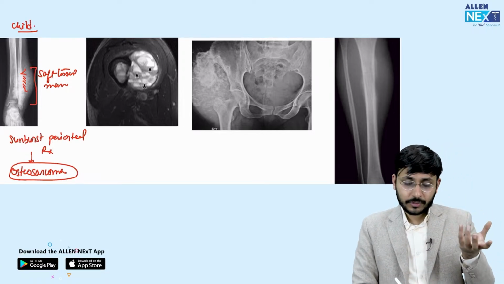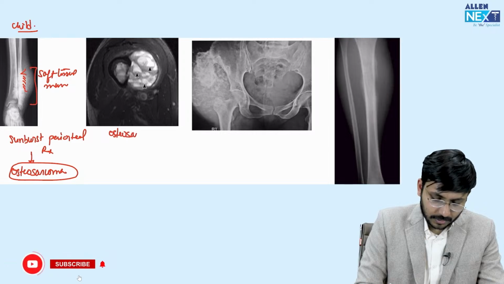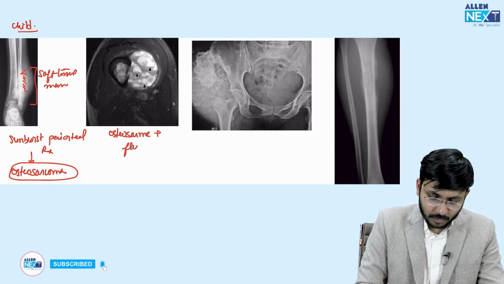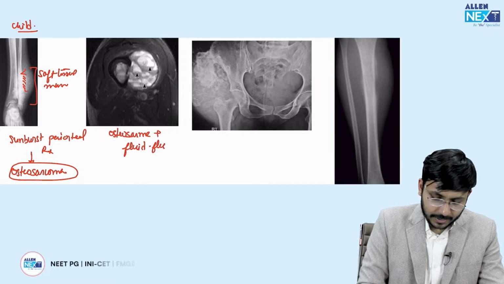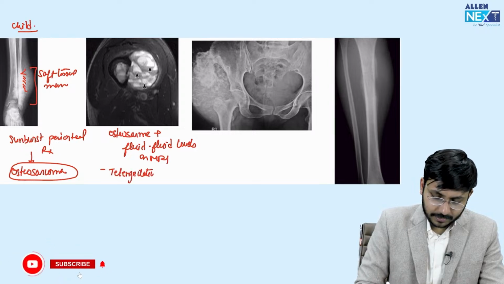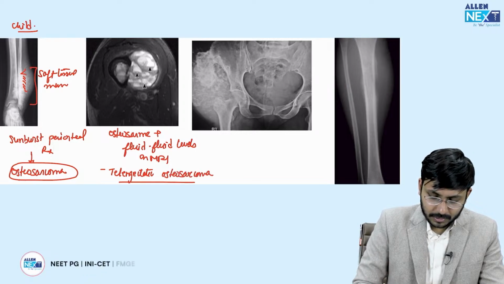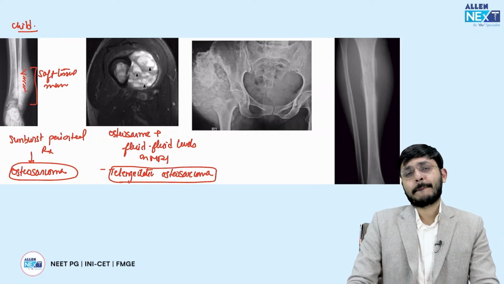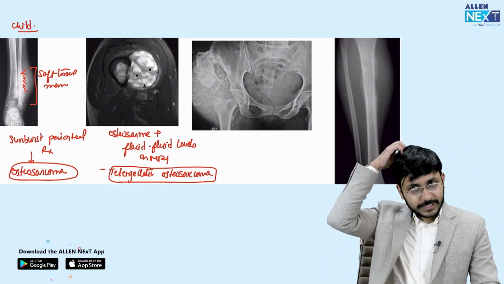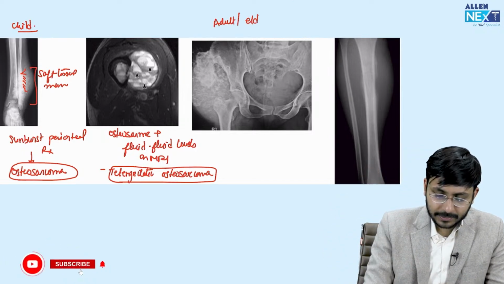Now one type of osteosarcoma has fluid levels. Osteosarcoma with fluid levels on MRI is seen in telangiectatic osteosarcoma.